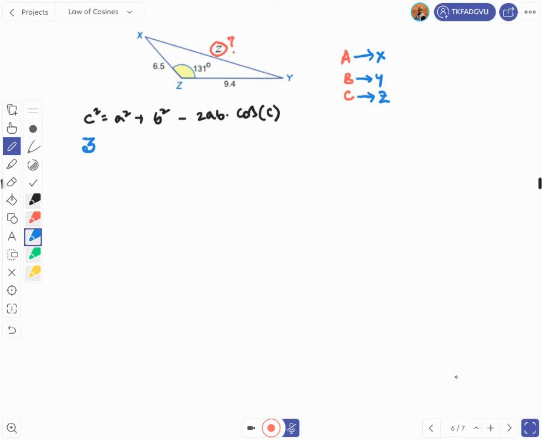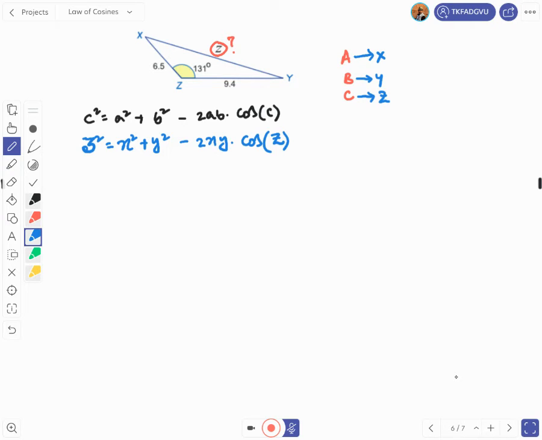So z square equals a square, which means x square plus y square minus 2ab. Please notice that in place of a and b, I am taking x and y, times cos C. C here is z, so cos Z. Z is an angle, therefore I am taking the uppercase letter.